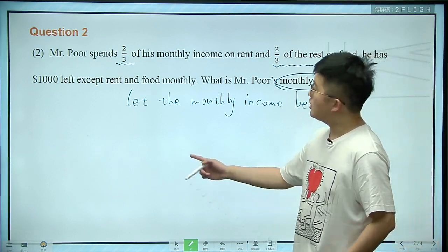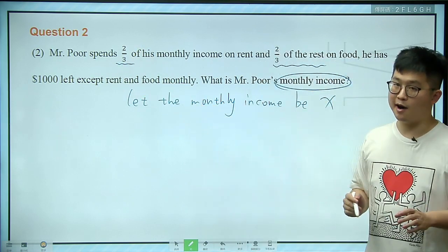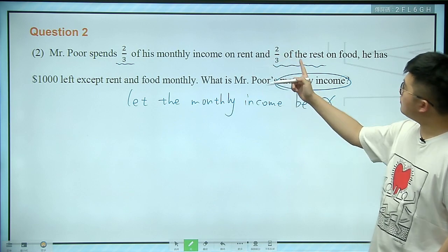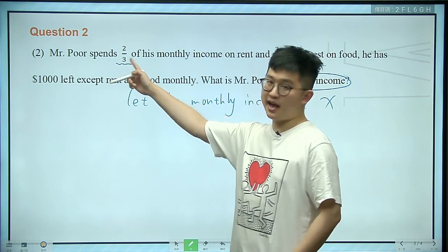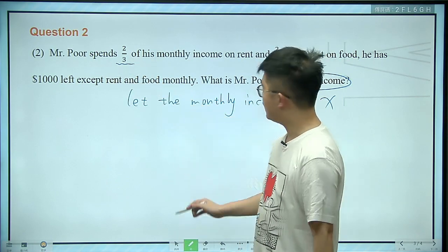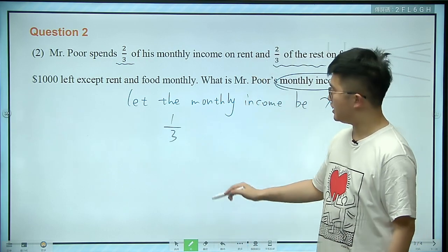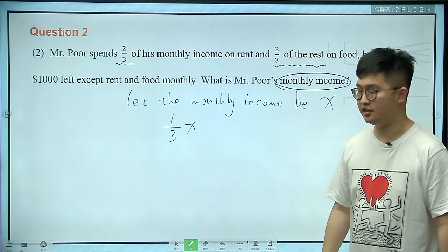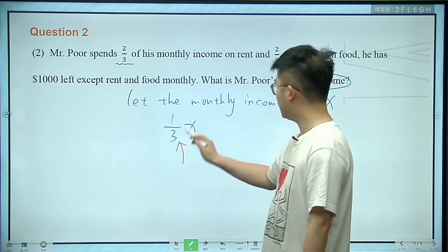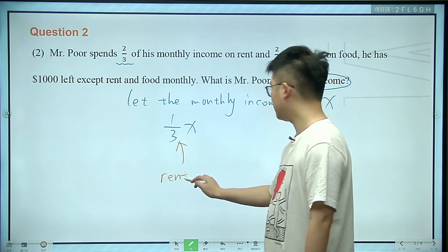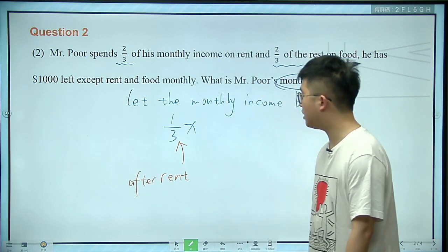He spends 2 over 3 of his monthly income, and another 2 over 3 of the rest. So I spend 2 over 3 of my monthly income, and the rest should be 1 over 3 x. This is after we've spent the money on rent.